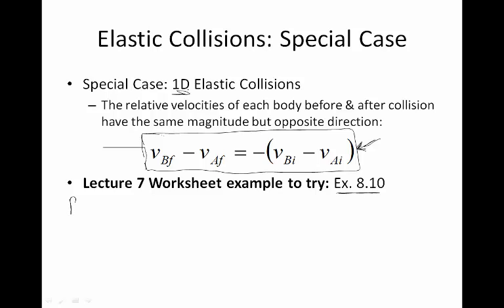So you've got the conservation of linear momentum equation, you've got the conservation of kinetic energy equation, and then we have this relationship above, the special case formula relating their velocities.